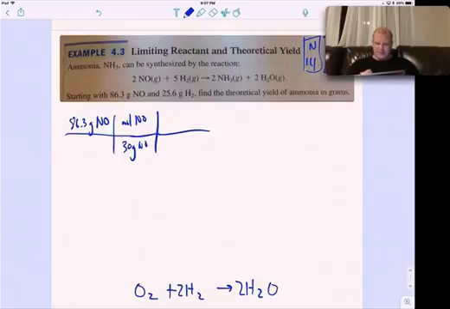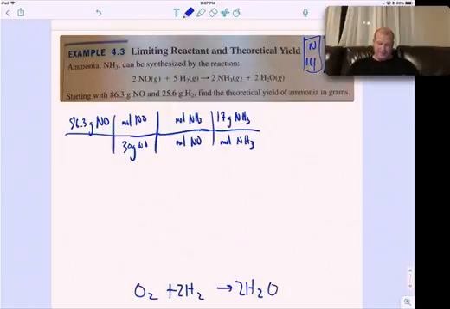And then we have 2 moles ammonia to 2 moles nitrogen monoxide. I would just say 1 to 1 and get rid of it that way. But if you want to keep 2 to 2 there, that's fine. And then 17 grams ammonia per mole ammonia.